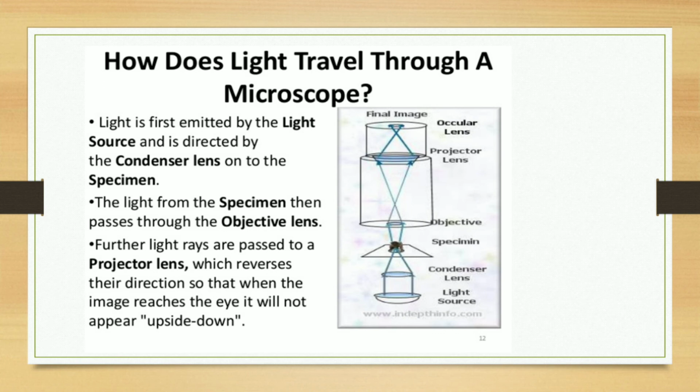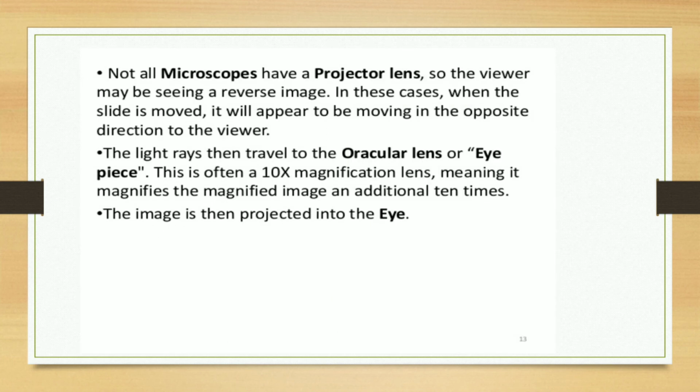Further, light rays are passed to a projector lens which reverses their direction so that when the image reaches the eye, it will not appear upside down. Not all microscopes have a projector lens, so the viewer may be seeing a reversed image. In these cases, when the slide is moved, it will appear to be moving in the opposite direction to the viewer.